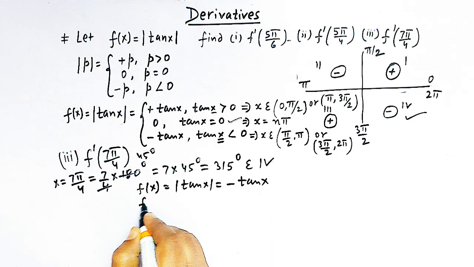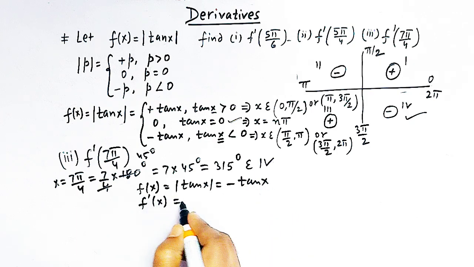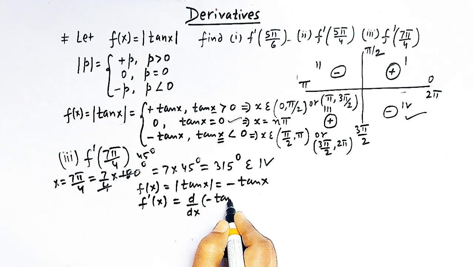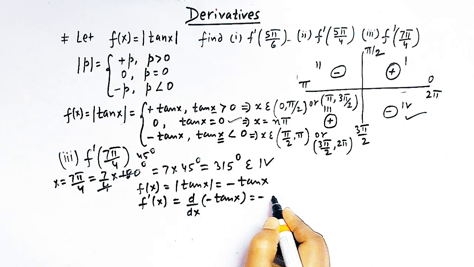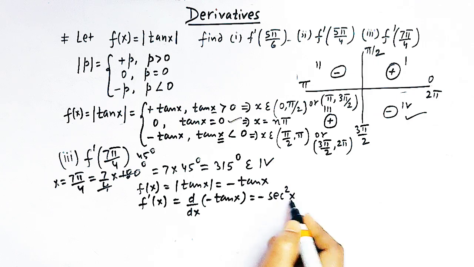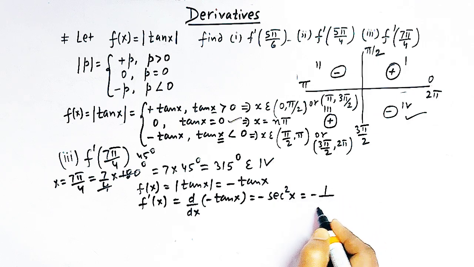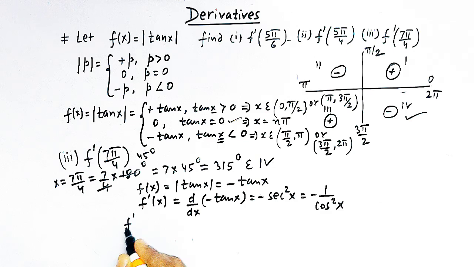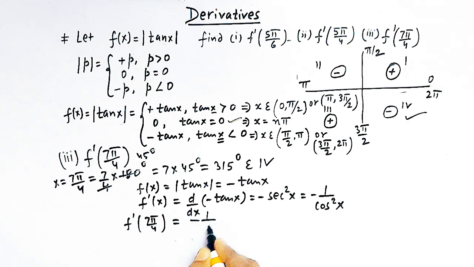So now differentiating, f prime of x is equal to d by dx of minus tan x, that is minus secant square x, that is minus 1 over cos square x. So now taking the value of x as 7 pi over 4, we can now write minus 1 over cos square 7 pi over 4.